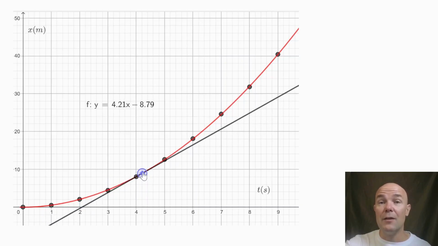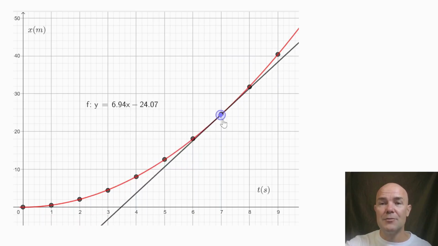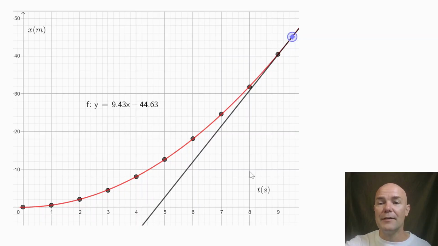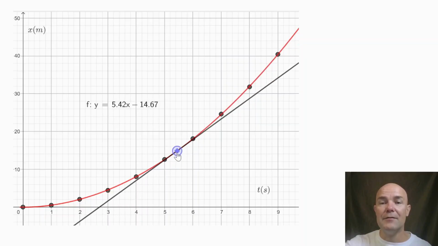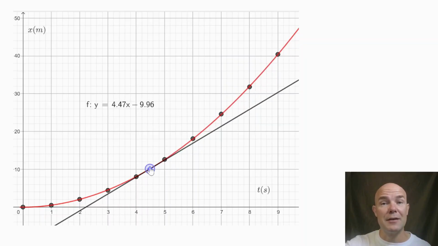That's what happens. Velocity should increase. And as we go further and further, we can see the gradient for the tangent line is increasing more. And that's how we get velocity values from a displacement time graph.